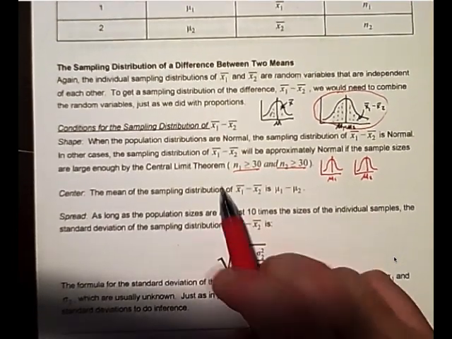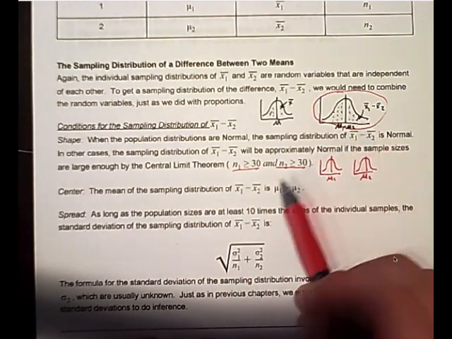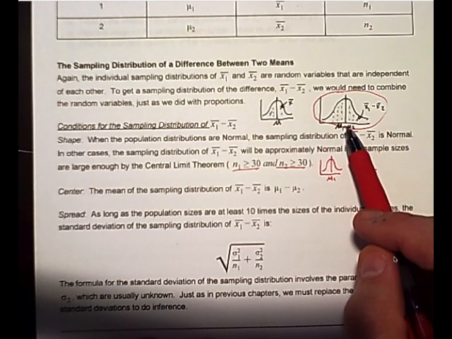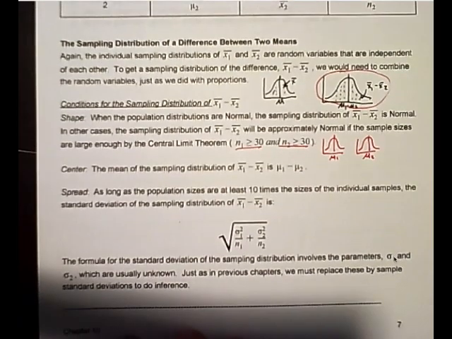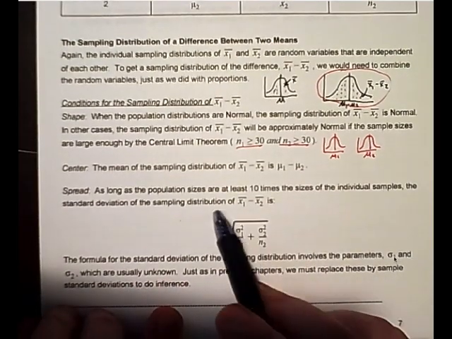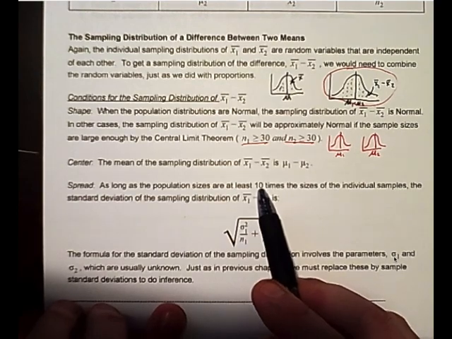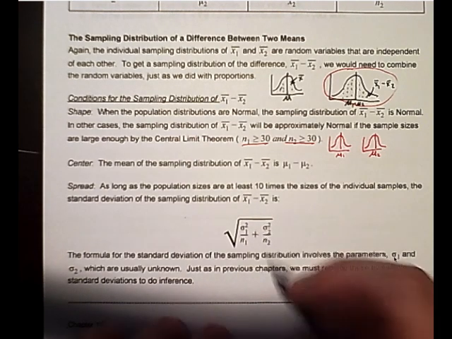And the mean of the sampling distribution of X bar 1 minus X bar 2 is mu1 minus mu2. That value would fall right down the center. And as long as the independence condition is met, this is the 10% condition, as long as the population is at least 10 times bigger than each of the respective sample sizes, then we can use this formula.